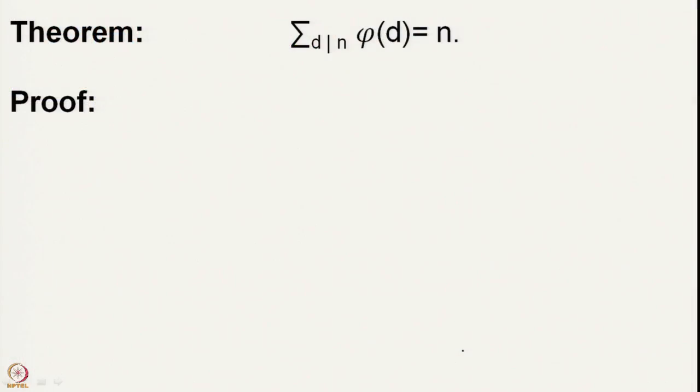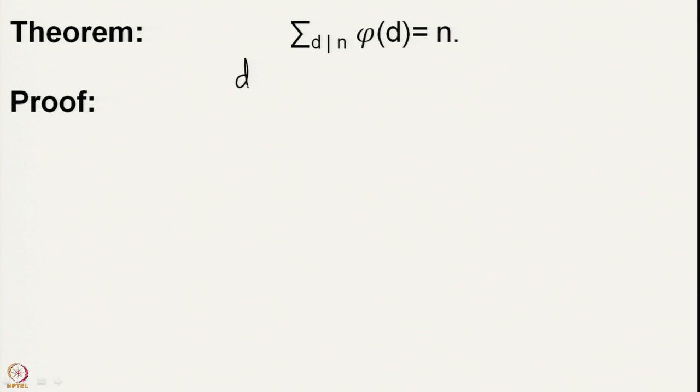But to begin with, there is one very nice relation between the Euler phi function and the number n. This is one very basic and very standard result which we are going to state and prove. The result says that when you are taking the summation of phi d, where d varies over divisors of a particular number n, then the answer you get is equal to n.